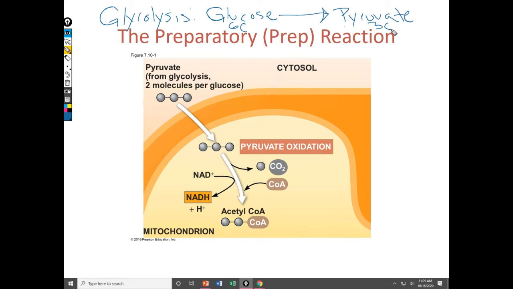And we need 2 of them, so we still have 6 carbons total. And count our carbons.